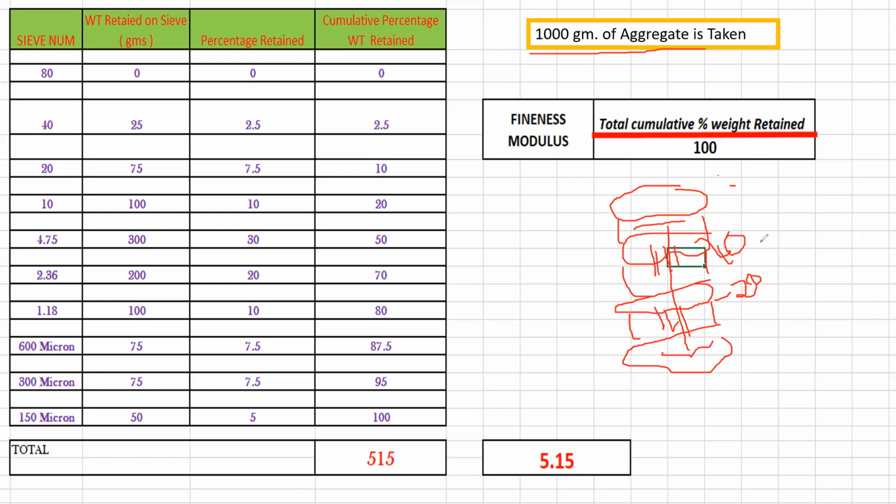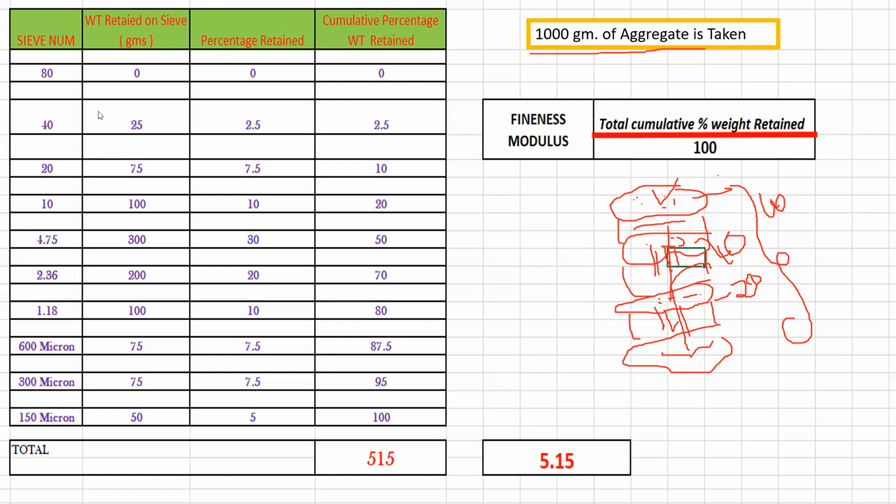And finally, once you're done, you need to individually weigh the weight that is retained on each sieve. On 40 mm certain aggregates will be remaining. Even on the 20 mm sieve, a certain amount of aggregate will be remaining. On the 10 mm sieve, a certain amount of aggregate is going to remain. You have to take it out and individually weigh them. So this is how the procedure is going to go.